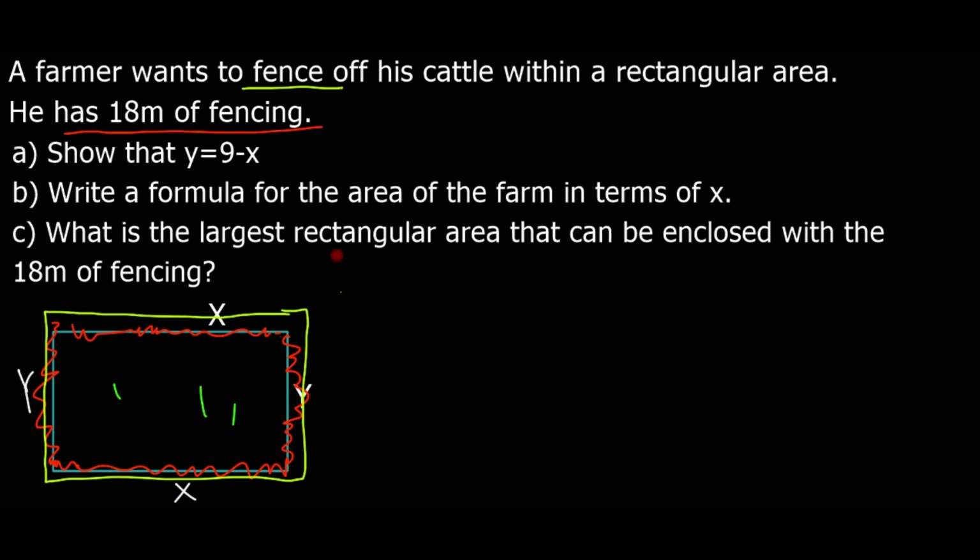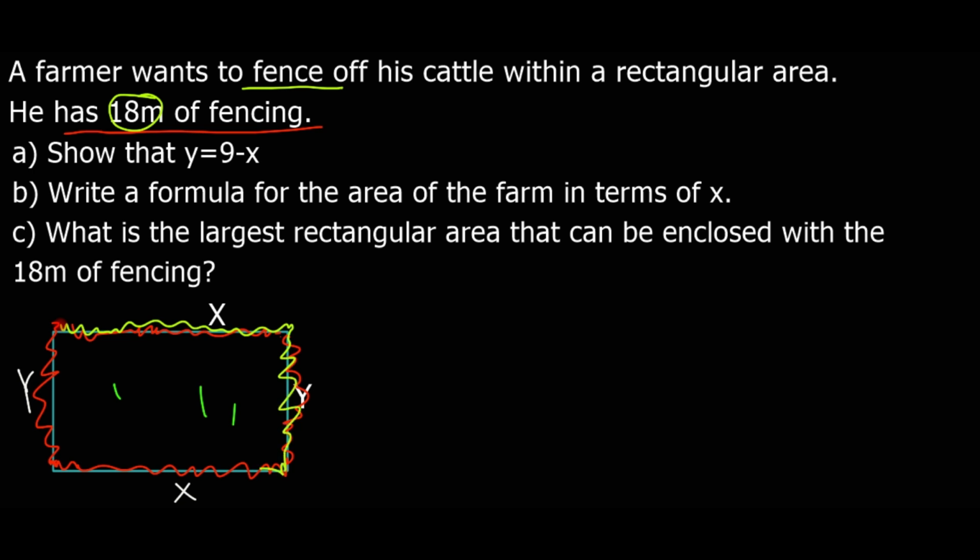According to the definition, a perimeter is the distance around the shape. So the perimeter is 18 meters because he surrounds this shape and the distance is 18 meters. Now the perimeter of a rectangle.